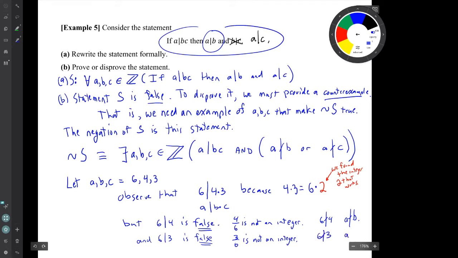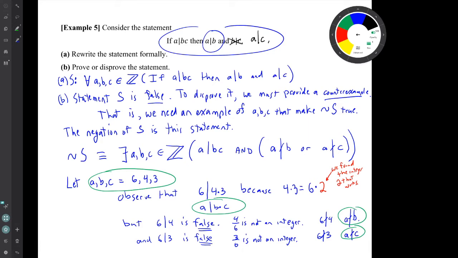So A does not divide C. So we've come up with an example of A, B, C such that A does divide BC, but A does not divide B, and actually A does not divide C either. So we have come up with an example, and we've explained clearly why that example works as a counterexample.